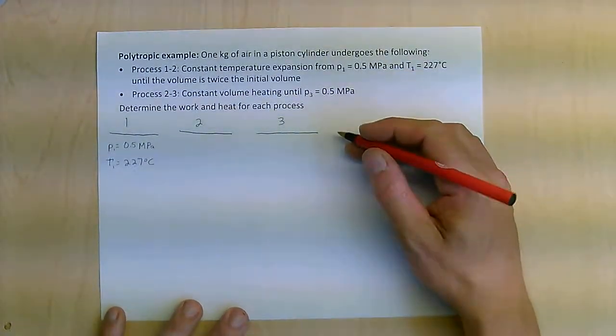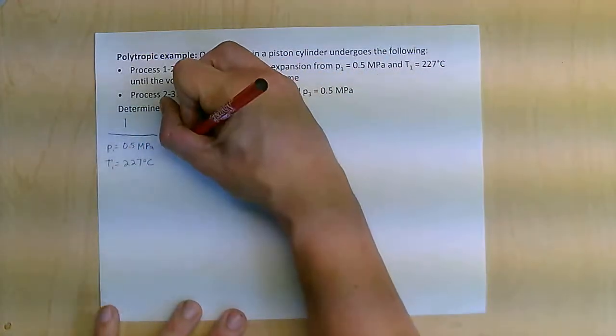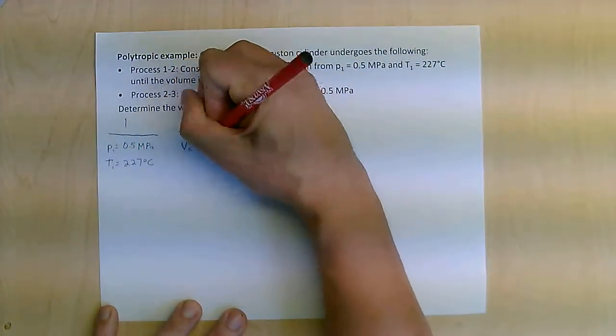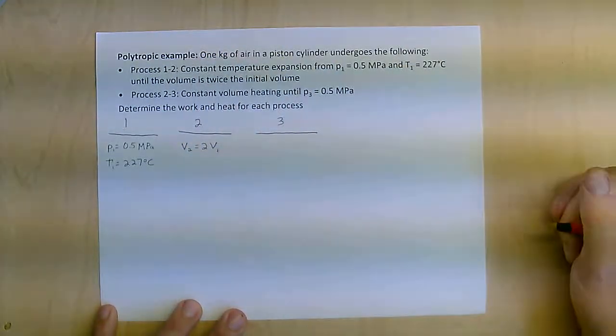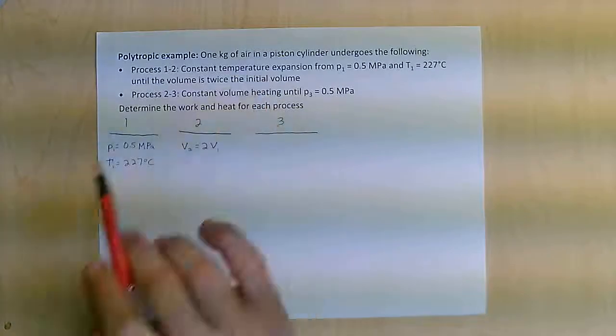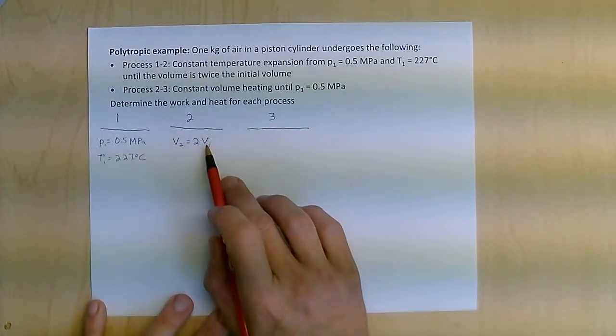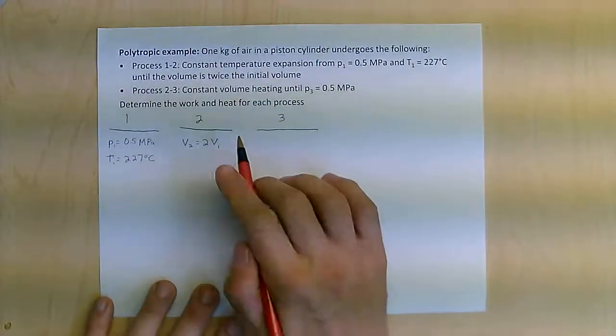I know that V2 is 2 times V1, and that's what it's saying here: until the volume is twice the initial volume.